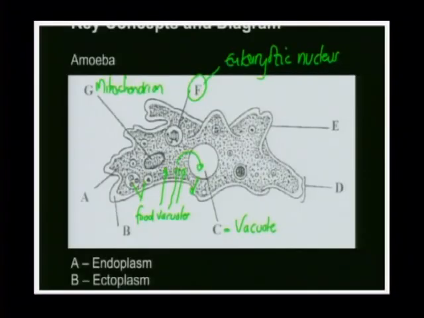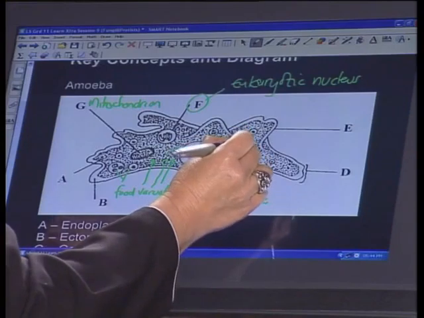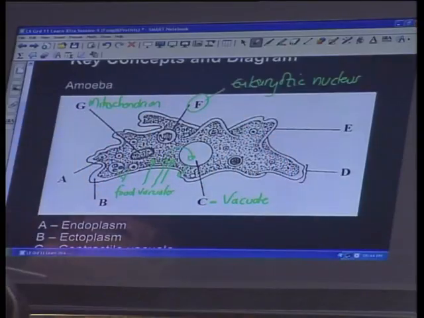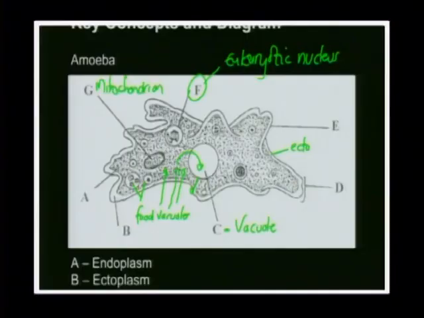Here, inside the amoeba, you can see that the dots are much, much closer together and far more dense than the outside area. That's because the cytoplasm is almost in two different consistencies or textures. Here on the outside, we have a substance called ectoplasm. It just means outside cytoplasm.